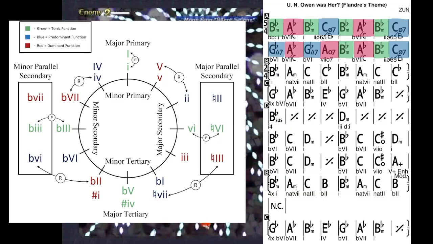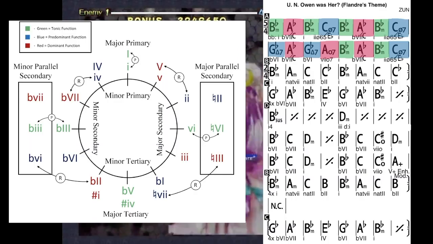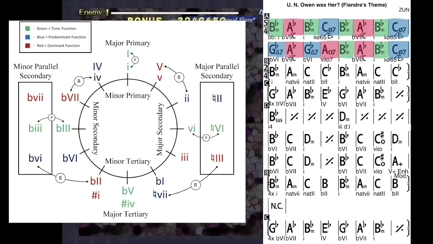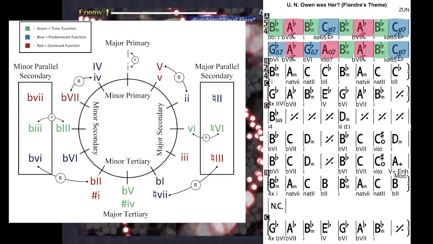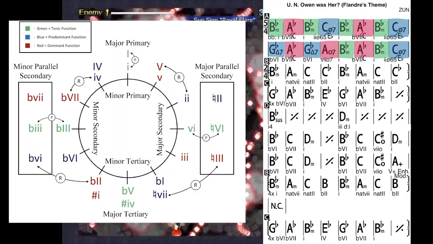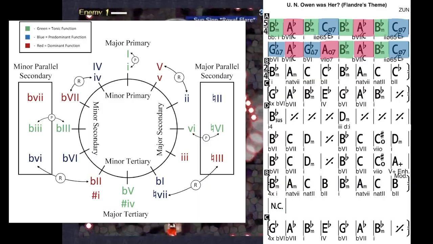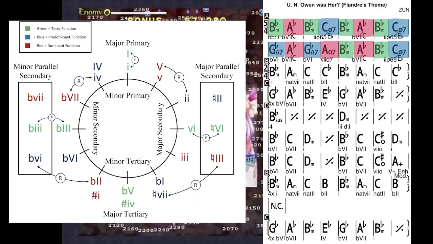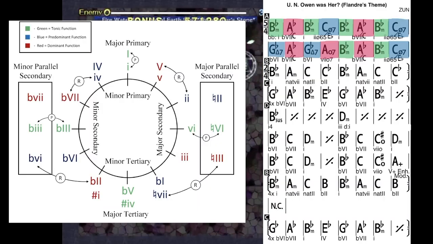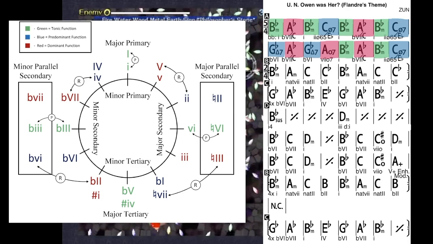So we're moving from a very stable chord to a dominant function flat 7 chord, and the dominant function flat 7 chord will then transition nicely back into another green chord. And then we get this ambiguous sort of blue chord going on to connect back, and then he repeats it.